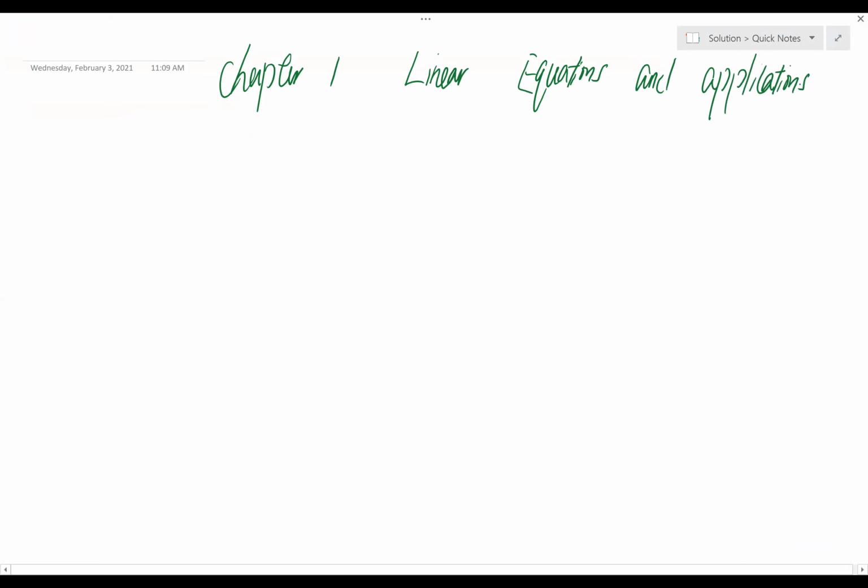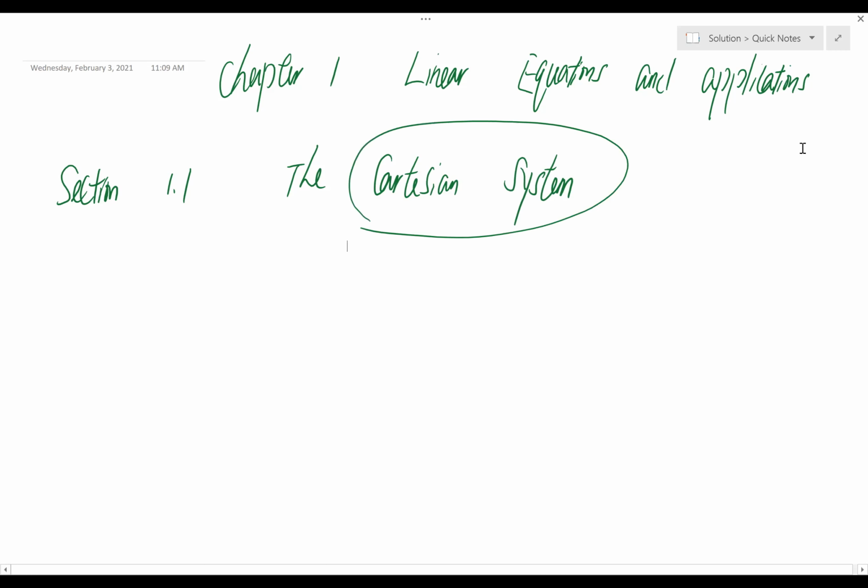So on section 1.1, we're going to first review the Cartesian system. So this is a very important element to understand the graph of the linear equation, right?